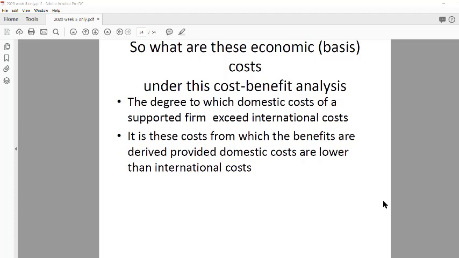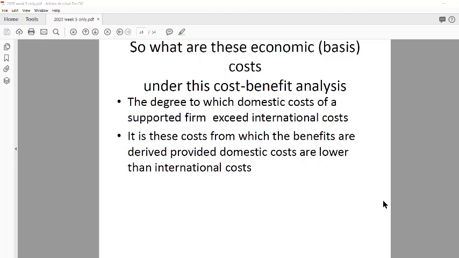So as long as all these benefits, for when our production process is cheaper than the international firm, outweigh the amount of costs in relation to the production process, then we have a scenario where we will say, okay, we can definitely enforce some form of protection for this industry.